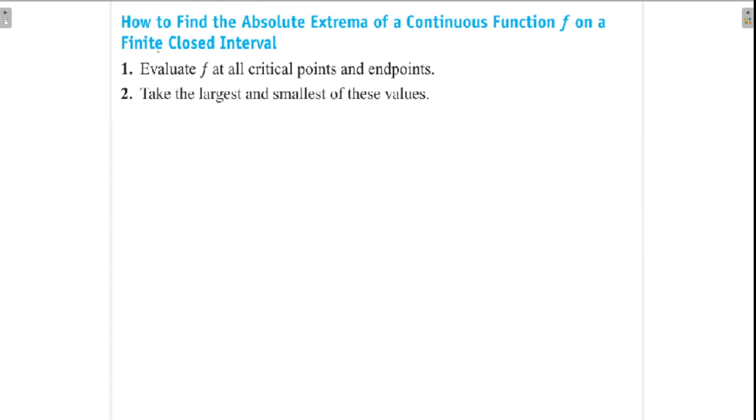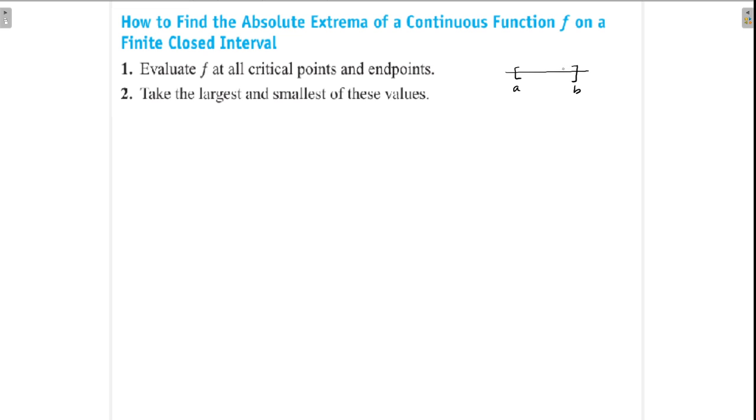Now we can understand how to find the absolute extrema of a continuous function f on a finite closed interval. A finite closed interval means simply we can write it as interval [a, b]. When you are given any continuous function defined on a closed interval [a, b], what is the procedure for finding the absolute extrema of that function?